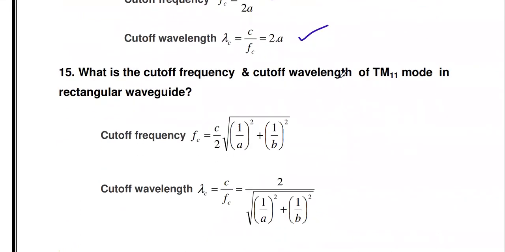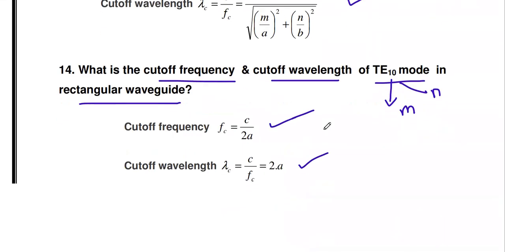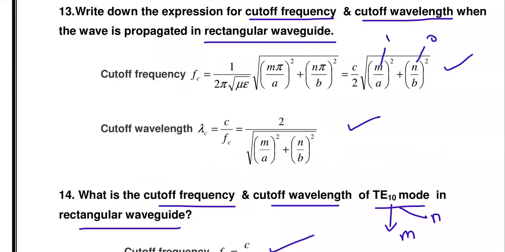Then the next one: what is the cutoff frequency and cutoff wavelength for TM11 mode in a rectangular waveguide? Similar to the previous question, TM11 means m equal to 1, n equal to 1. So you substitute m equal to 1, n equal to 1 in the above general equation.